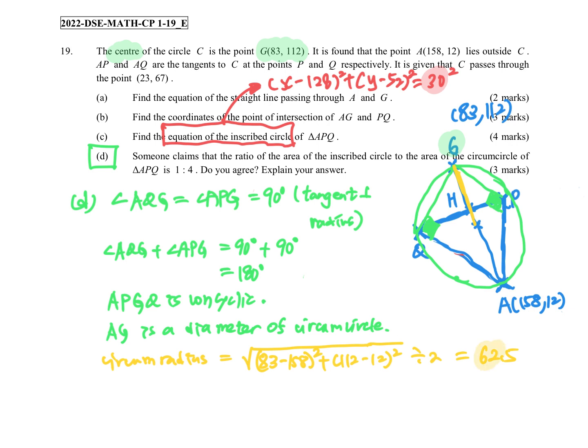From above, we know that we have 30 here, and then we have 62.5. So the required ratio was close to 1:4, but it's not. The required ratio would be 30 squared to 62.5 squared, which equals 144 to 625, but not equal to 1:4.